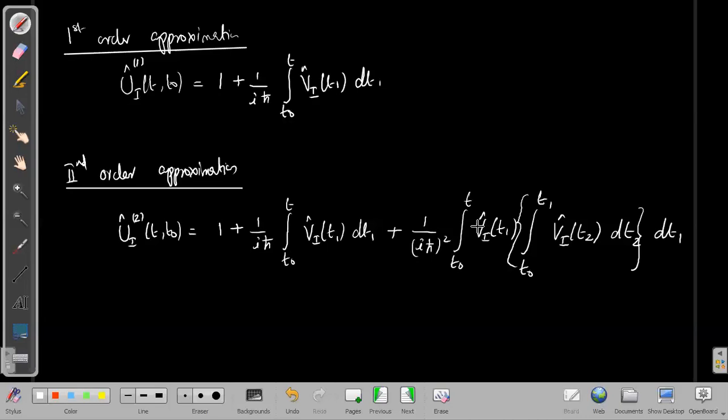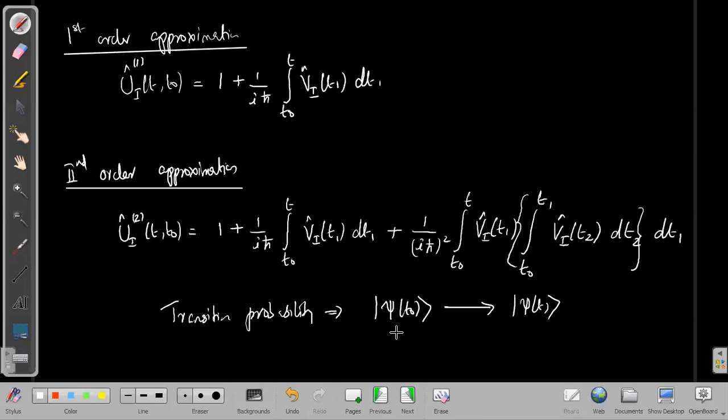Okay, now we can go back to our main problem. Our main problem is we have to know the transition probability due to the perturbation. What kind of transition would be possible with the perturbation? So our next question is transition probability. That is, the state of the system at t0 will move to a new state at a time t. This can be some state n, this can be some state m.